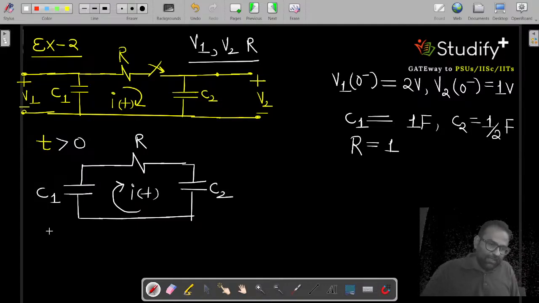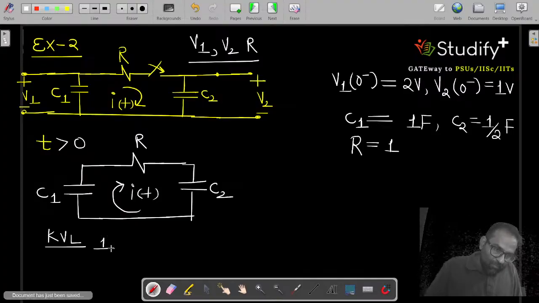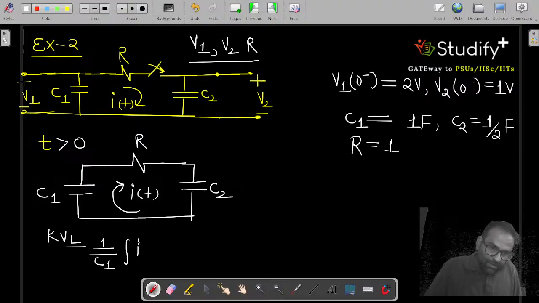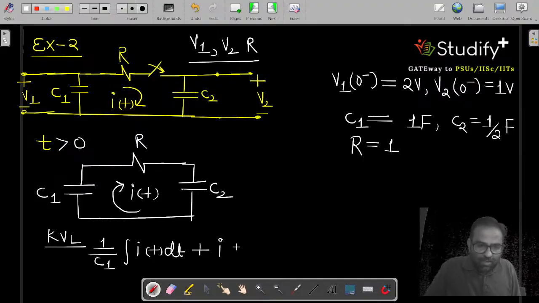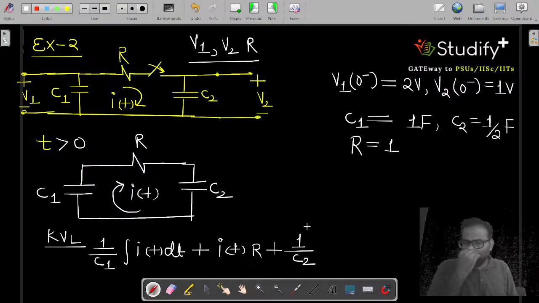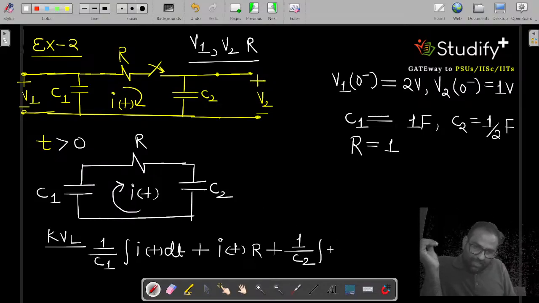If we apply KVL, can I say 1 divided by C1 integral of IT dt plus IT into R plus 1 divided by C2, the voltage across the capacitor, integration of IT dt.